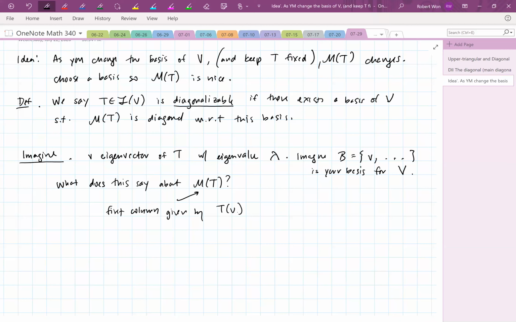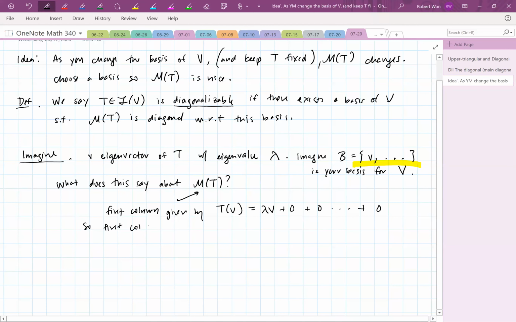Well, v is an eigenvector with eigenvalue lambda. This is lambda v, which means that if you write it in terms of this basis B, it's lambda v plus 0 times the second basis vector plus 0 times the third basis vector. This says that the first column is exactly lambda, 0, 0, down to 0. That's the first column of the matrix if you have an eigenvector as the first vector in the basis.